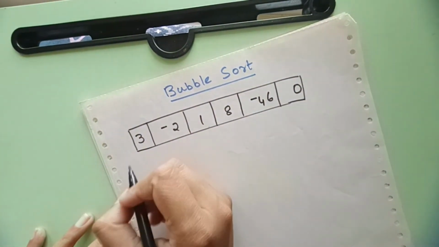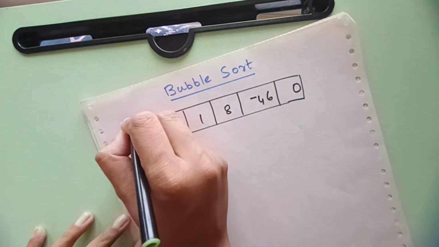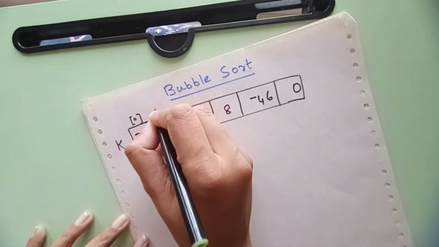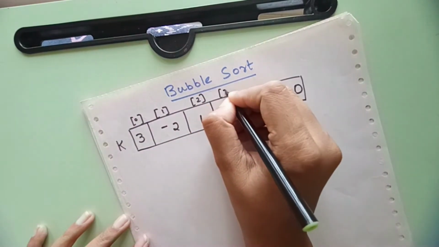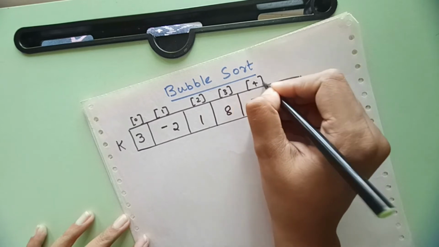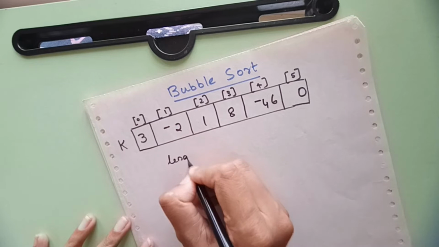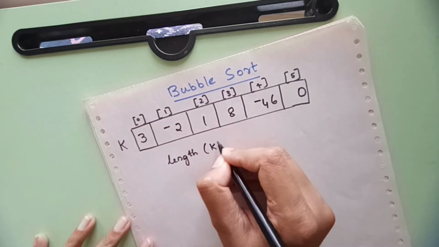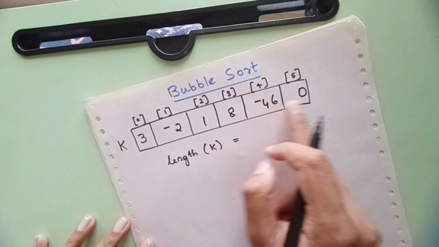So these data are stored in an array named K, and array index starts from 0, 1, 2, 3, 4, 5. Length of this array K is 1, 2, 3, 4, 5, 6.